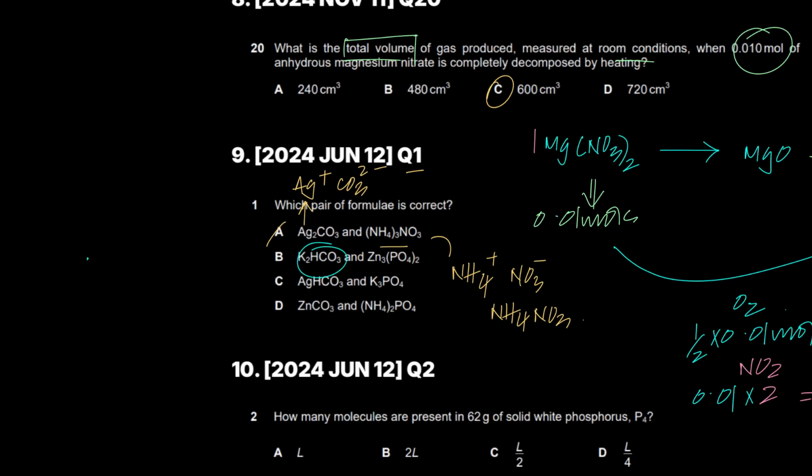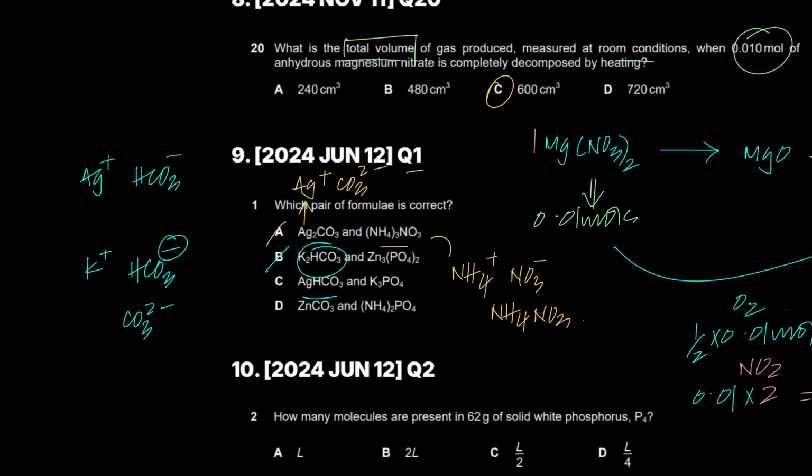K2HCO3 is incorrect because potassium has a charge of 1 plus, and HCO3, hydrogen carbonate, has a charge of minus 1, and it's not CO3. CO3 has a 2 minus charge. So that's incorrect. Next. AgHCO3. Ag is 1 plus, HCO3 is minus 1.